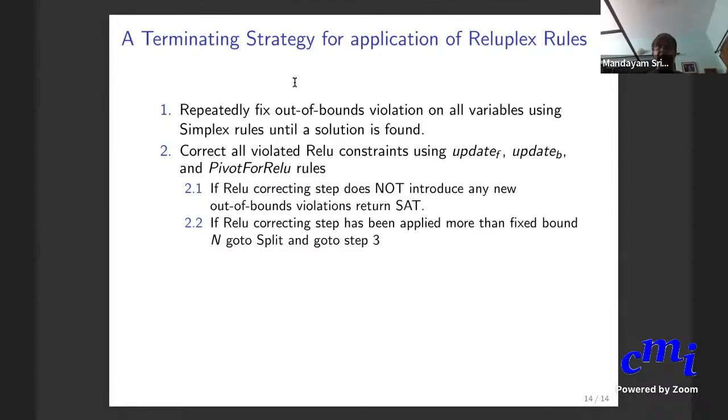So what this basic terminating strategy applies is it iterates in this step 2.1 a fixed number of times.